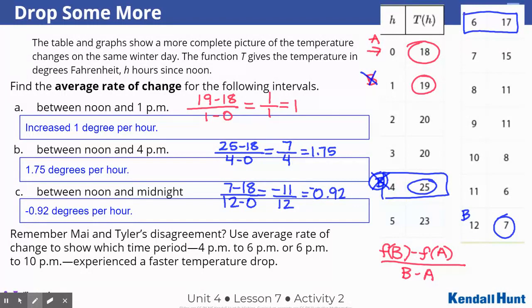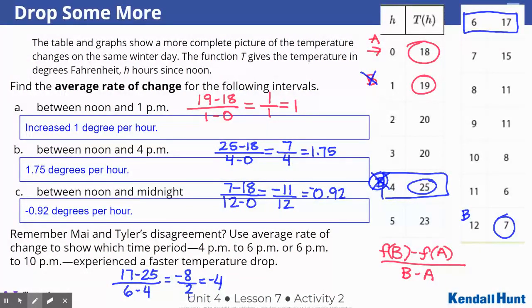And if we use the average rate of change formula, we would have had 17 minus 25 over 6 minus 4. And so 17 minus 25 would have given us a negative 8 instead of a positive 8, divided by 2 equals negative 4. I just wrote the answer there, sorry.